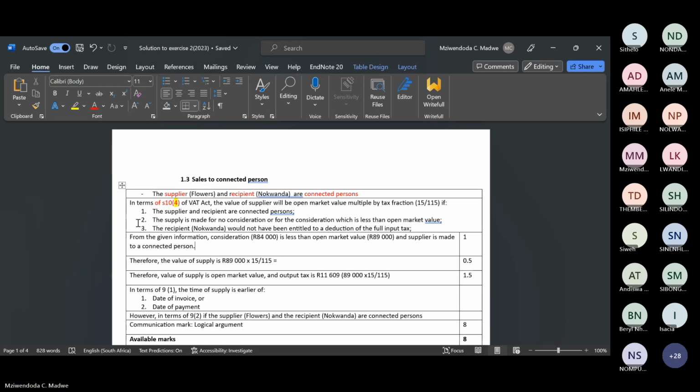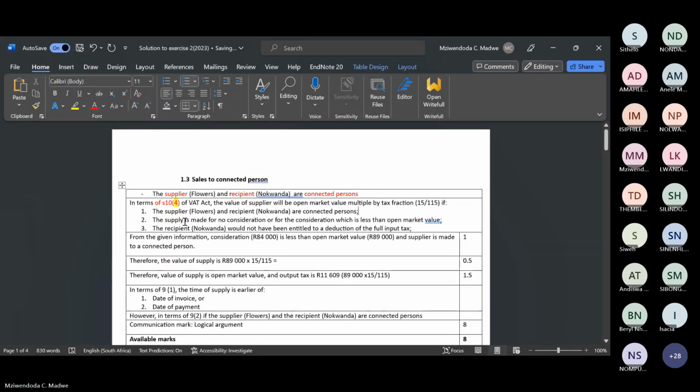Number one, supplier, which is Flower in our case, and recipient, which is Nogwanda, are connected persons. So you apply this requirement if supplier and recipient are connected persons. So the value may be an open market value.